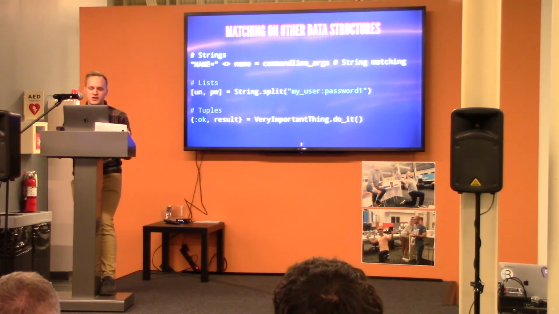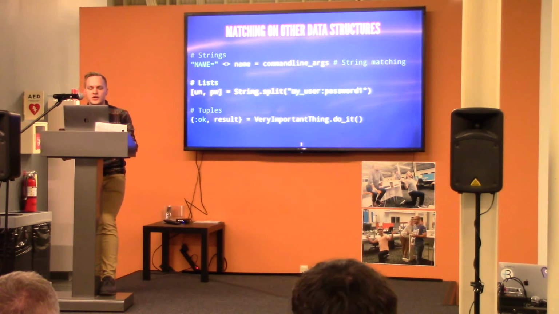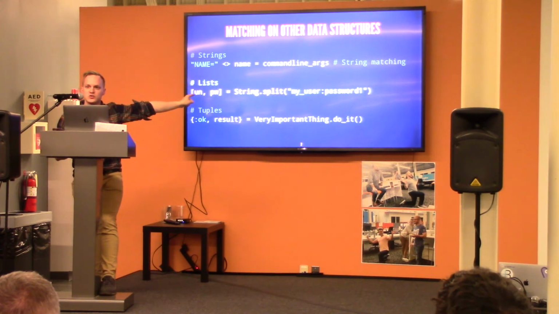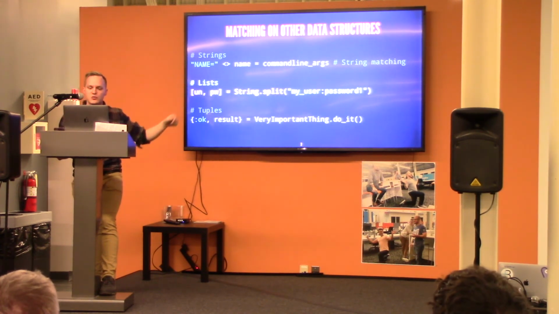It's very standardized. You can also do it with lists, like I showed you. Let's say you've got some basic auth. You can split into username and password, and then you can pattern match on explicitly a list that is only 2 elements long. I forgot to say split colon here.